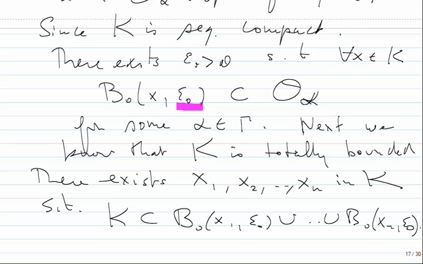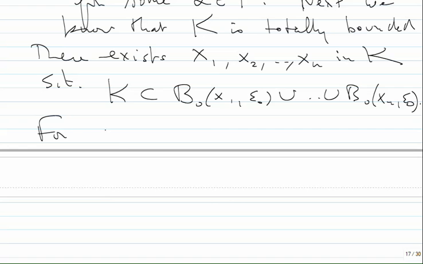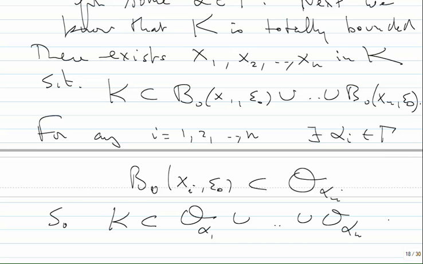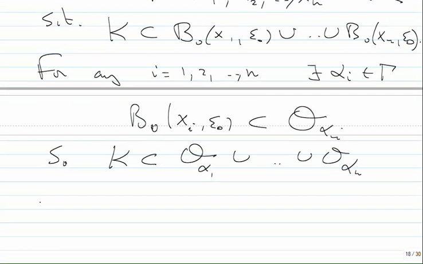Okay, but for any i equal 1, 2, all the way to n, there exists alpha i in gamma such that the open ball, this is of course the technical property we said just above, xi epsilon 0 is in O alpha i, so K is going to be in O alpha 1 through O alpha n, which means that K is covered by finitely many O alphas.